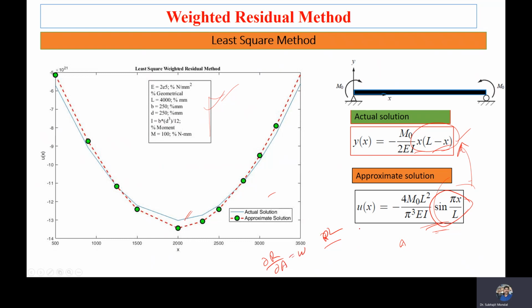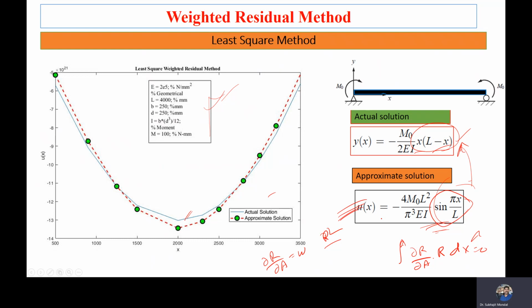In the same way we did for the Galerkin method, we basically do the same thing. ∂R/∂a, the derivative with respect to the unknown coefficient, is multiplied by the error, and we integrate over the entire domain. We are making it zero in an average sense for the entire domain. Once we solve it, we get our unknown coefficient, and once we get the unknown coefficient, we get our trial solution like this.